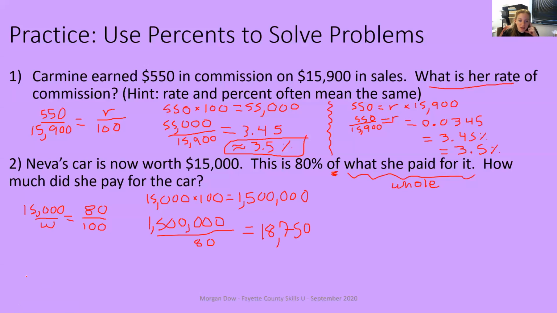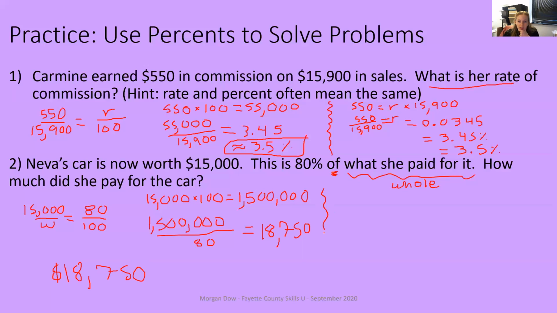So we would be saying that she paid $18,750 originally for her car. Which sounds reasonable, right? She originally paid $18,750 and now it's a couple years later, so her car is worth a little bit less. Now it's only worth $15,000.